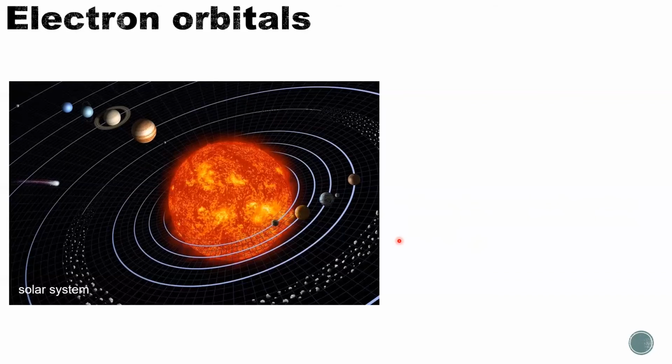This is also similar to the Bohr model, right? So we can still use some of the concept here, that electrons in an atom sit in orbitals. However, the orbital we talk about for electrons is different from the circular orbit you see in the solar system or in the Bohr model.